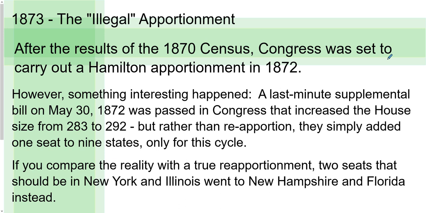The bill says that after the apportionment is taken from the 1870 census, they call it the ninth census because it's the ninth census of the country, and after the apportionment has been done, then the following 9 states are going to get one extra seat beyond that for the duration of this cycle. Those states are New Hampshire, Vermont, New York, Pennsylvania, Indiana, Tennessee, Louisiana, Alabama, and Florida.